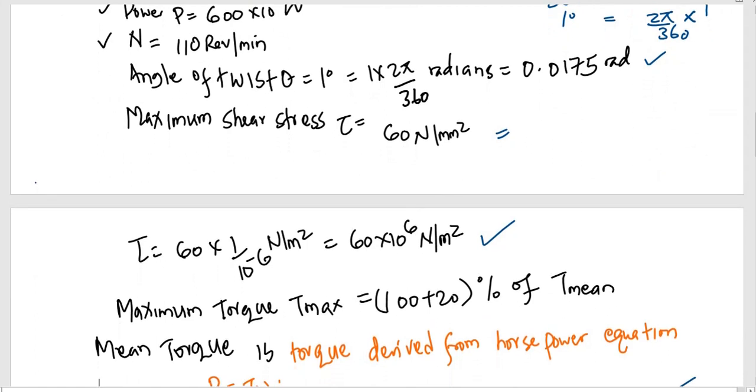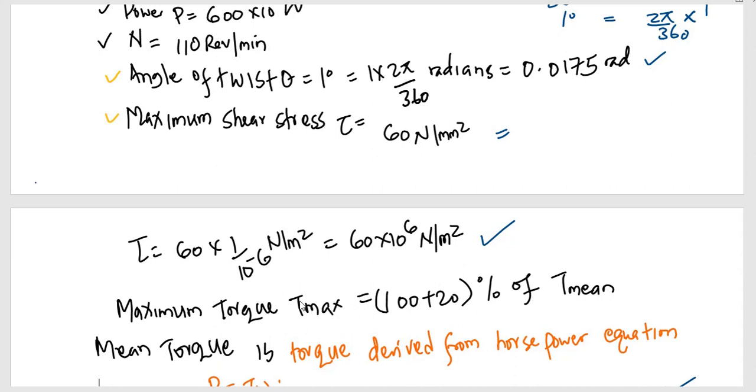Again, we are given that the maximum shear stress tau is 60 Newton per square millimeter, and converting it to Newton per square meter, it gives us 60 times 10 to the power 6 Newton per square meter. What about the maximum torque?